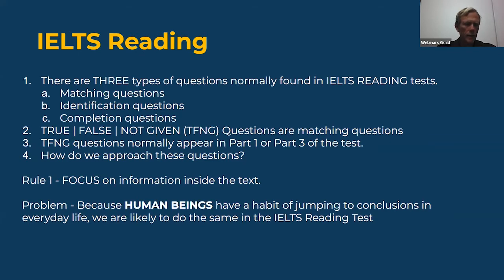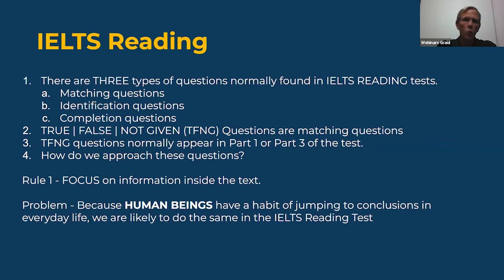So today, we're going to look at some of the reasons why true, false, and not given questions can be very difficult. And we're going to look at some of the common mistakes we make and how we can avoid these mistakes.